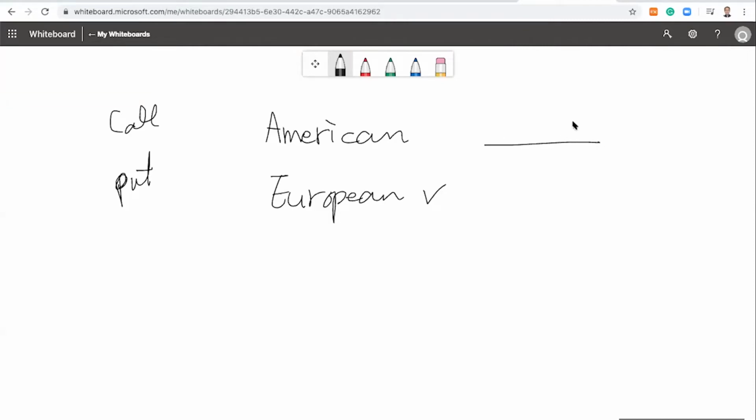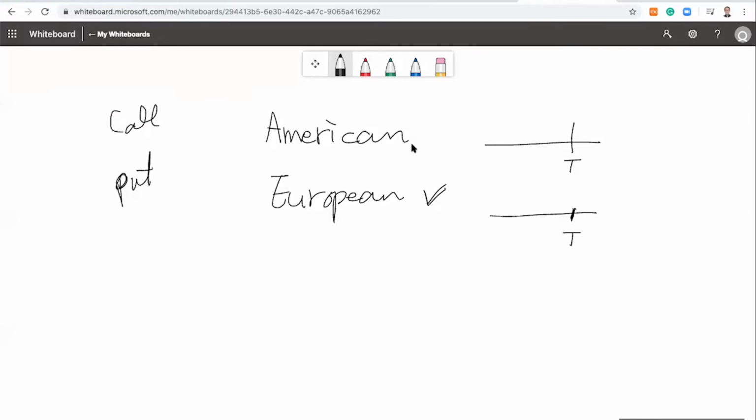The American option has maturity at T, and the European option also has a maturity at T. But for the European option, you can only exercise your option on the maturity date. That's why this kind of option is called a European option.